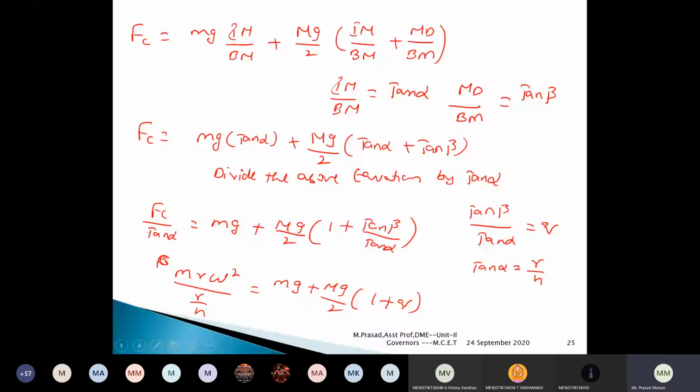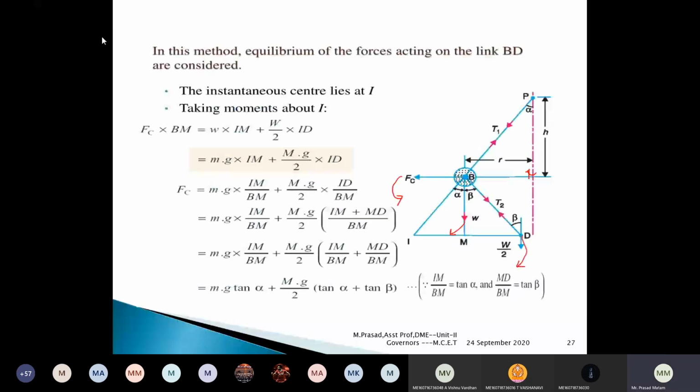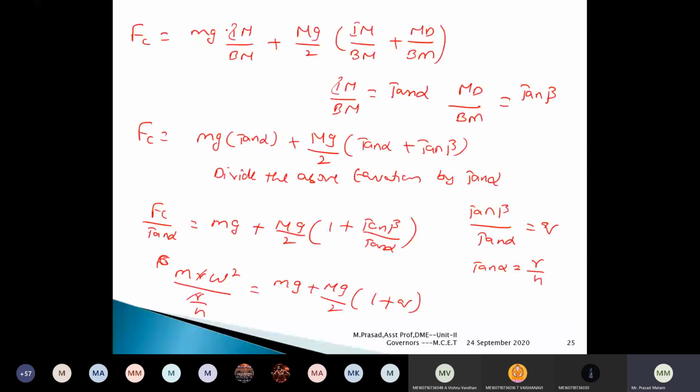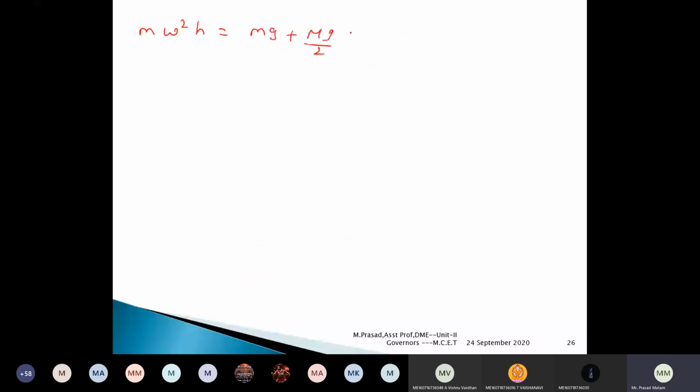So this R will go away. On the left side I'm having m omega square into h, and on the right side I'm having mg plus mg by 2 into 1 plus q.